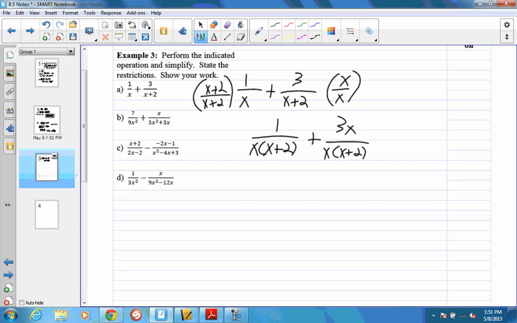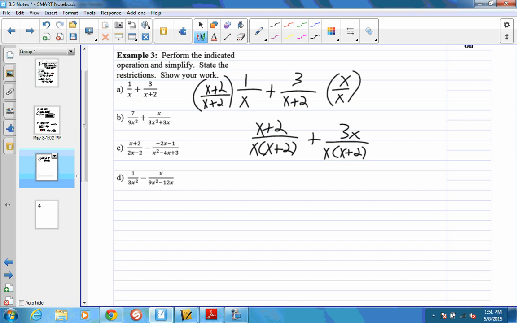X squared plus 2? The top, oh, the top. I thought you were having a trick question. Nope, I was just wrong.